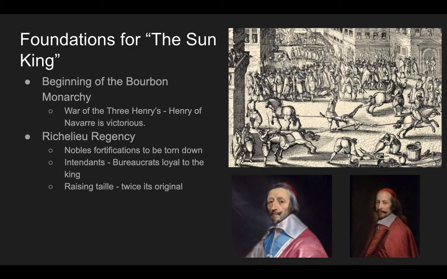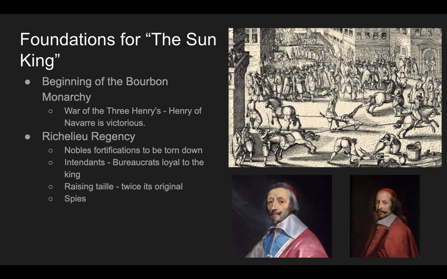And so Richelieu realized that he needed to expand the treasury. One way to do that? Double the taille, double that hearth tax, double taxes, increase the treasury, grow the monarchy's wealth so that it is able to raise its own private army that is loyal to the king, no longer relying on their nobility. And so you see the raising of the taille to twice its original.